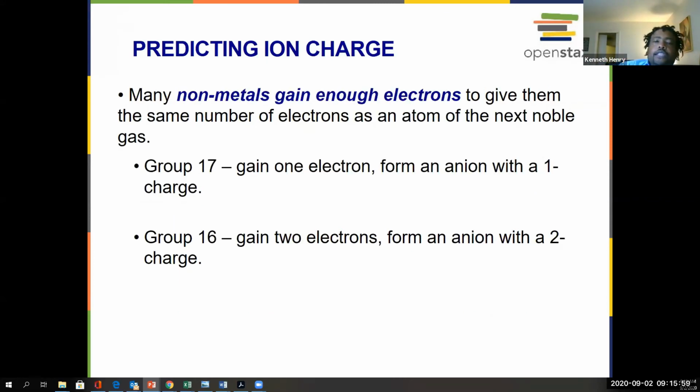What's going to be the charge on your halogens? Negative. And then group 16, which is where oxygen is at. What's going to be the charge on that? -2. Okay. Piece of cake. Not too hard.